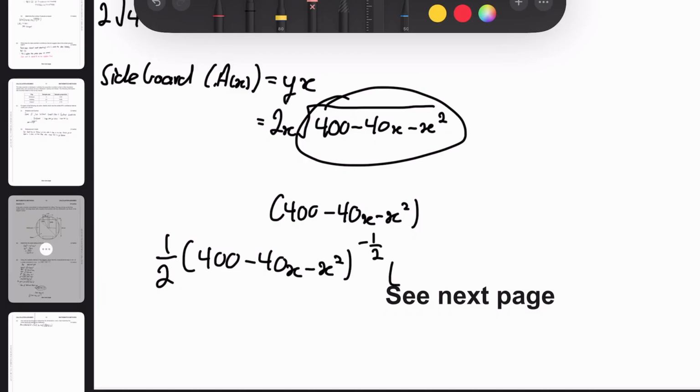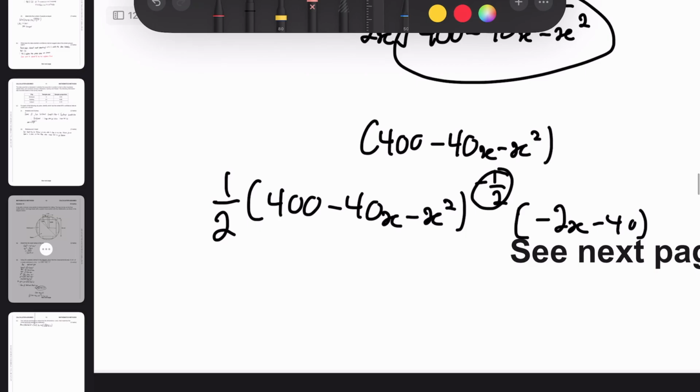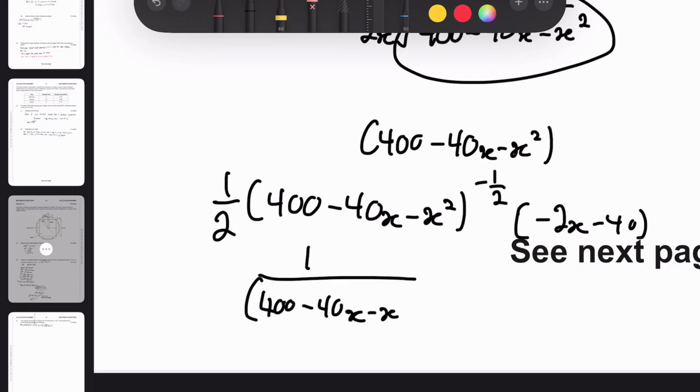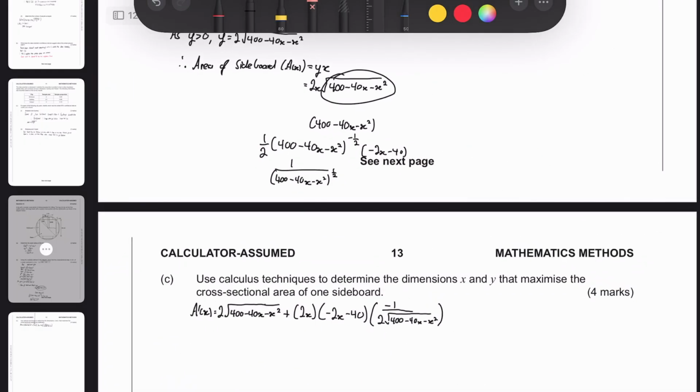Then we have to multiply that by the derivative of the inside function, which is just negative 2x minus 40. This negative 1 on 2 coefficient means, first of all, we are going to have 1 on 400 minus 40x minus x squared, and then the 1 on 2 will mean we square root that. And I hope you guys can see that this matches up with what I've written here.